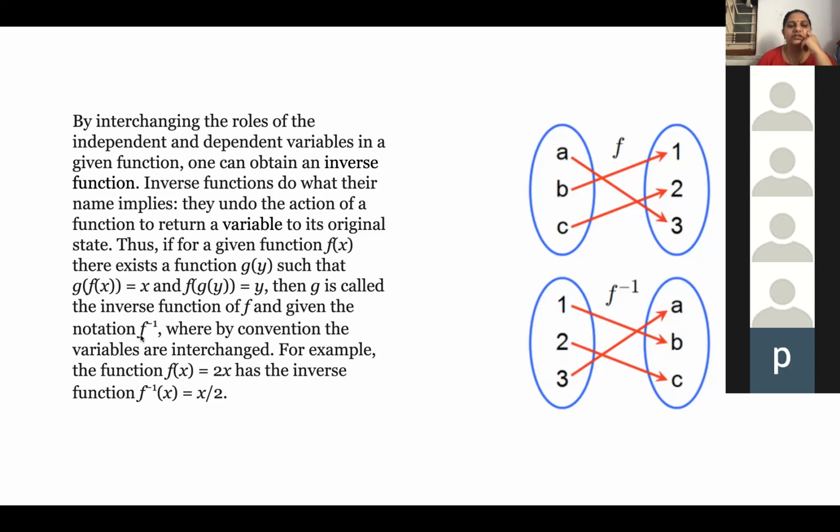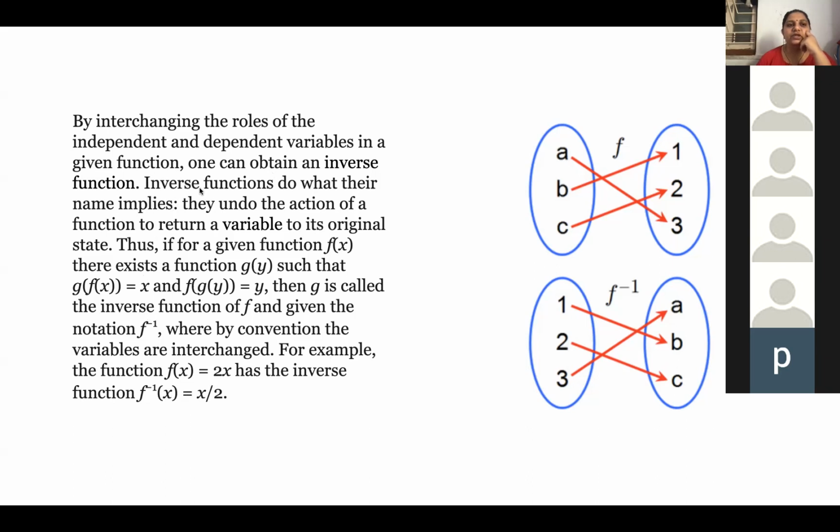Okay, the notation given is f inverse, whereby by convention the variables are interchanged. For example, the function f of x equals 2x has the inverse function f inverse of x equals x by 2. Okay, the inverse function concept is like this.